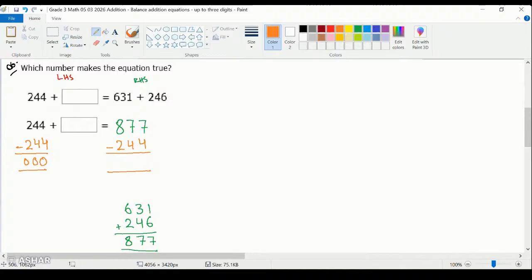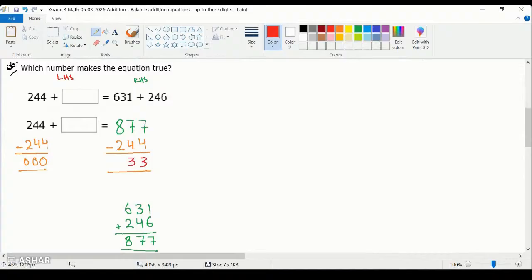877 minus 244. Let's do this. 7 minus 4 is possible. 7 minus 4 becomes a 3. 7 minus 4 in tens is again 3.